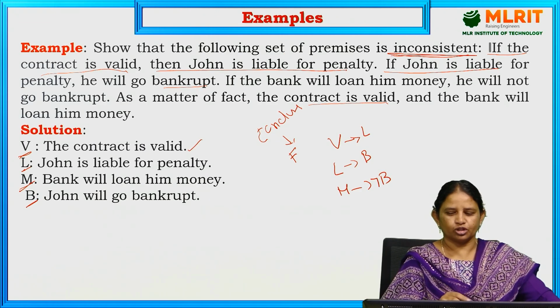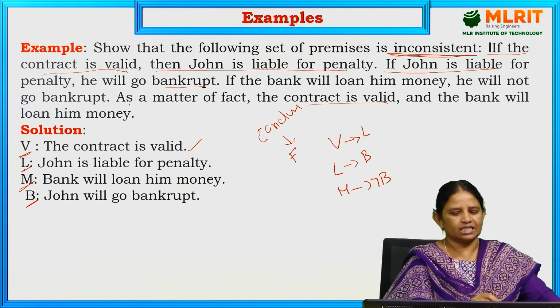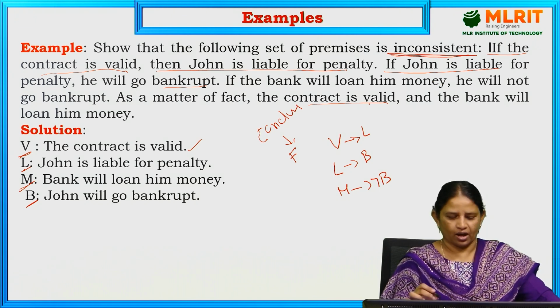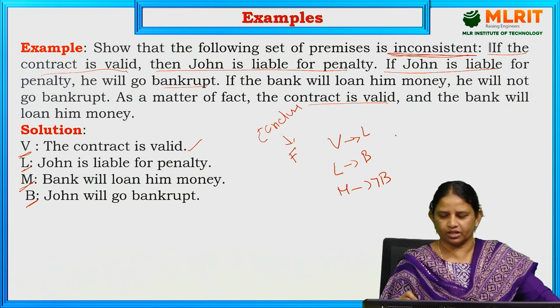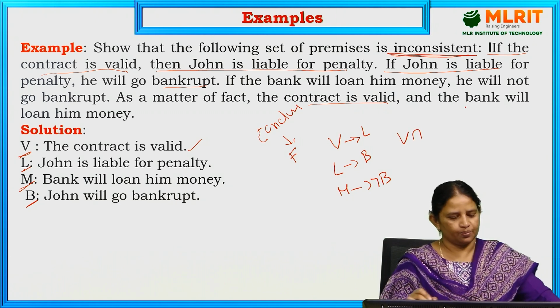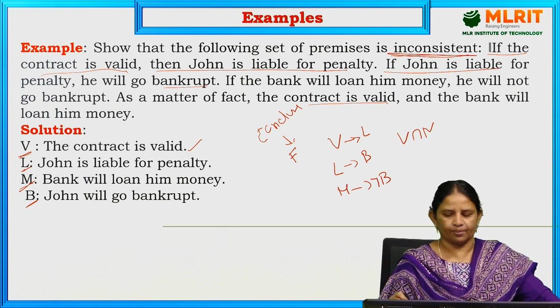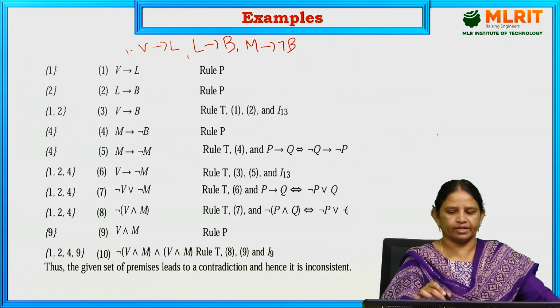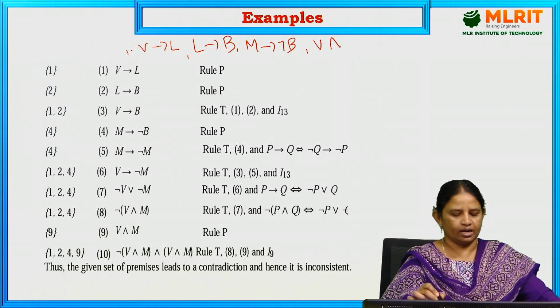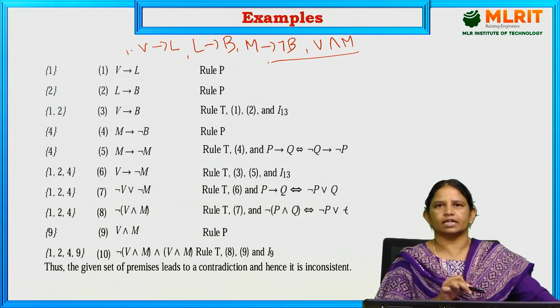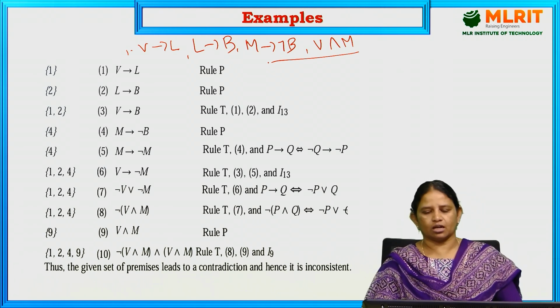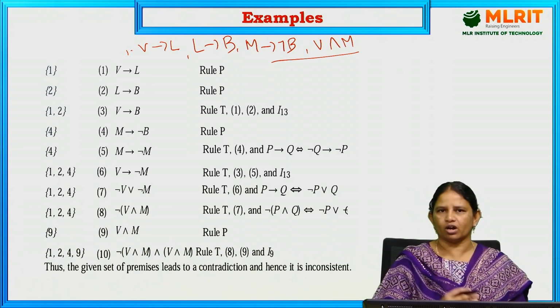Next, the fourth premise: as a matter of fact, the contract is valid, which is V, and the bank will loan him money, that is M. The final statement is V and M. These are the four premises. From these four premises, what are we going to derive as the conclusion?